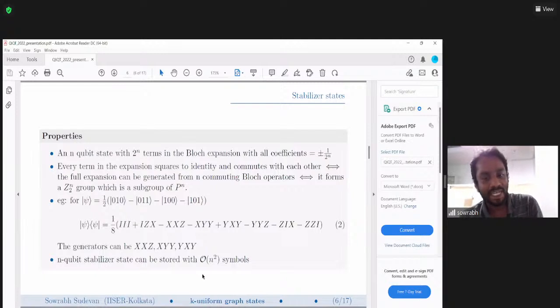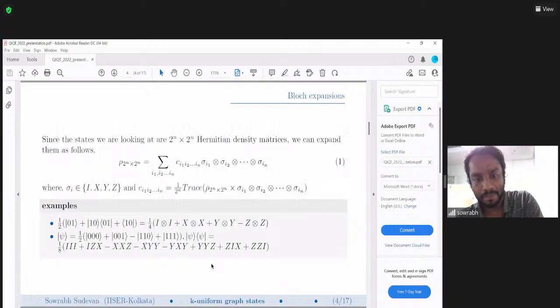So it's of order n squared symbols. All the information in the state is compressed down to n squared rather than 2 to the power n. So this is a certain class of states which have this kind of possible compression in terms of how you can store it on a computer. But at the same time, we will show that this class of states has some interesting entanglement properties. So they're not uninteresting to study.